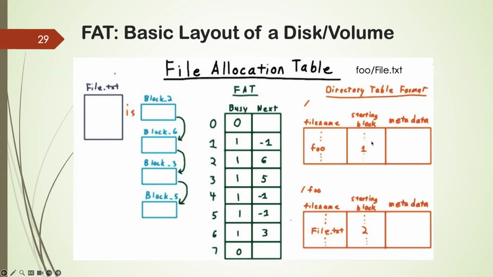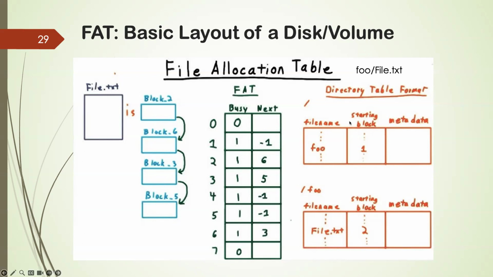Then it will have the number of the starting block. What is a starting block? It is basically the sector number or the logical number of the sector where this data will be stored. And then it will have other metadata, like when this file or folder was created, who created it, different permissions, and those types of things.